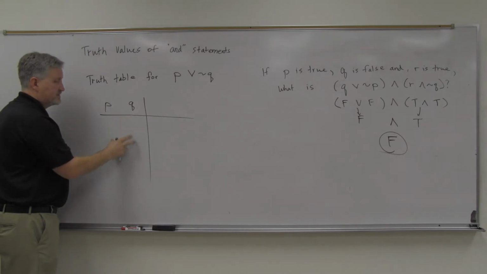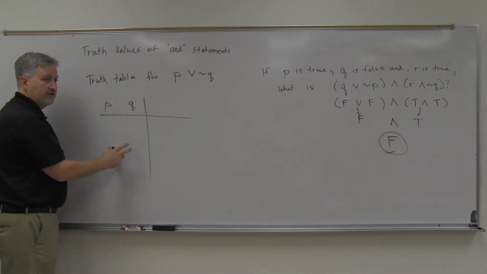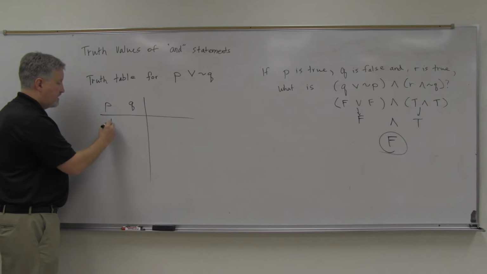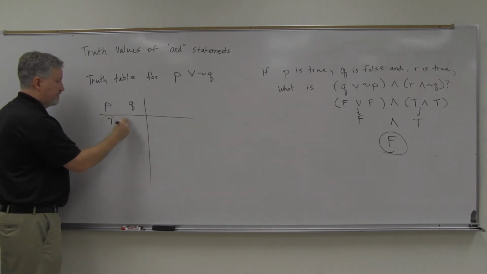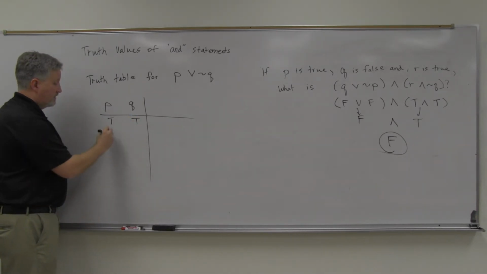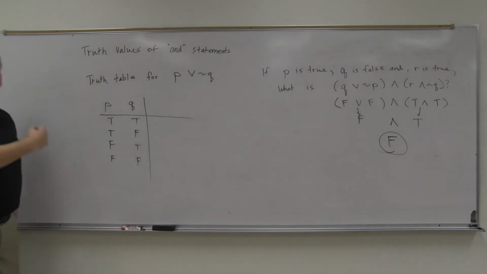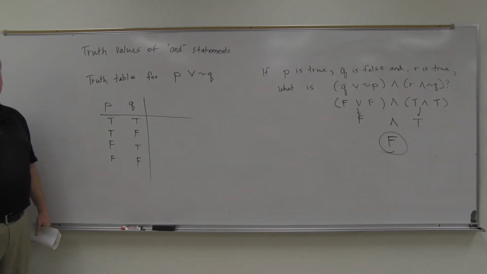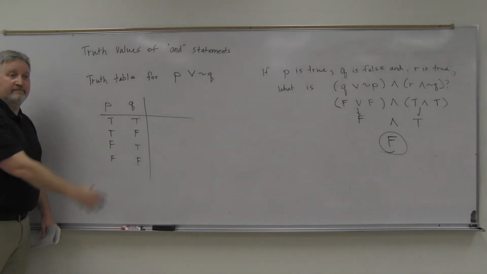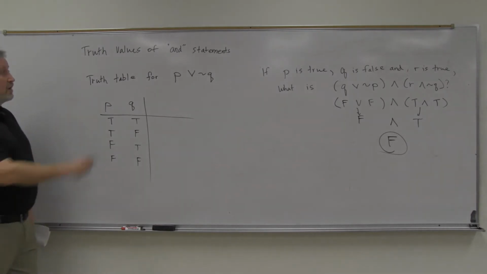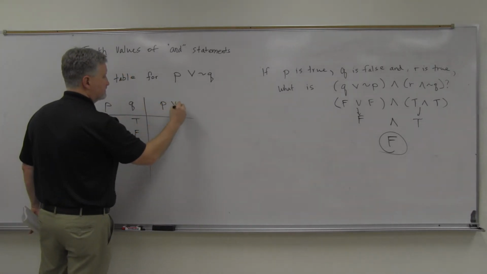What I'm going to do is list all the possibilities of P and Q combination. So I'm going to start, and I would prefer this order, true, true, then we could have true, false, then false, true, and then false, false. So this side of the truth table is always going to look the same. All right, with me?